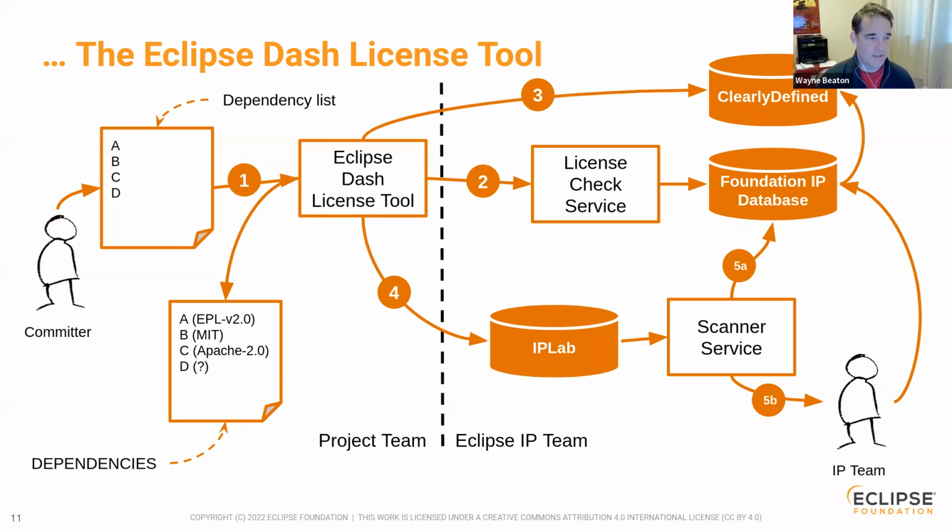It's worth noting that the part where the scanner service feeds information to the Foundation database does have some latency. It's usually just minutes, but there is a period of time where if you do a query after something has been approved, it may not yet know. It's on the order of minutes. So there are some cases where duplicate requests get created.